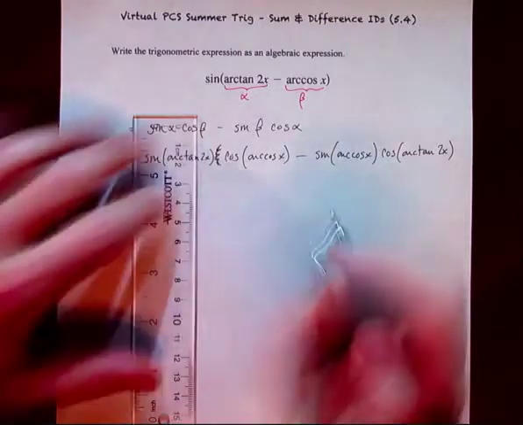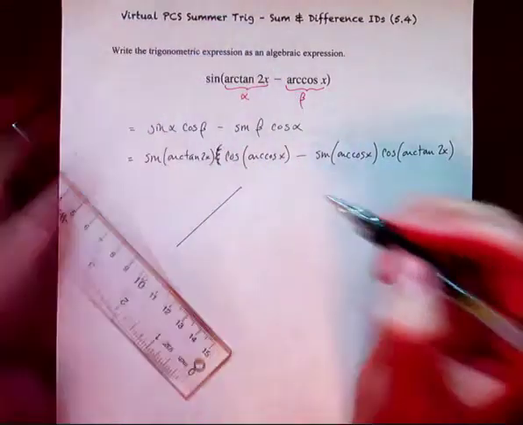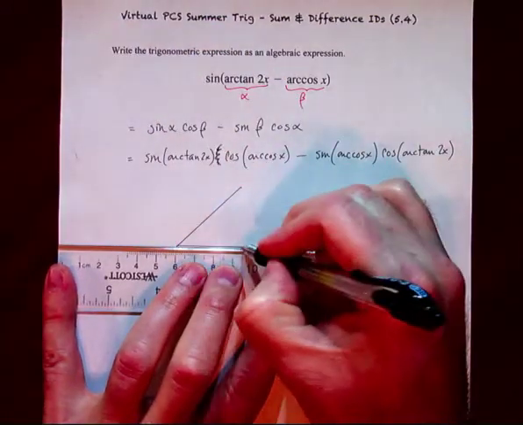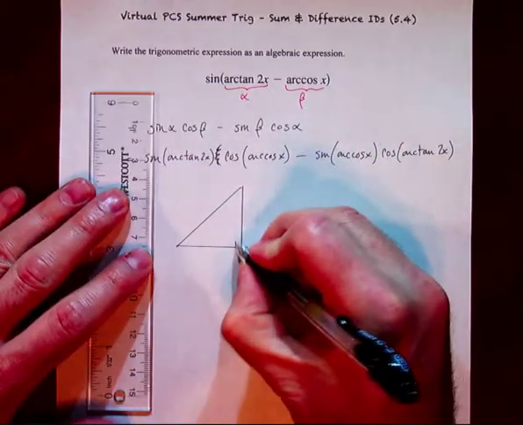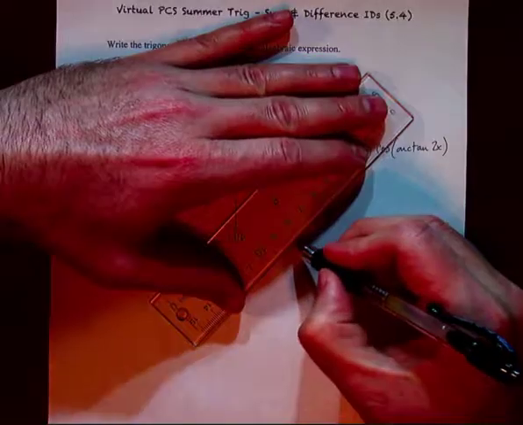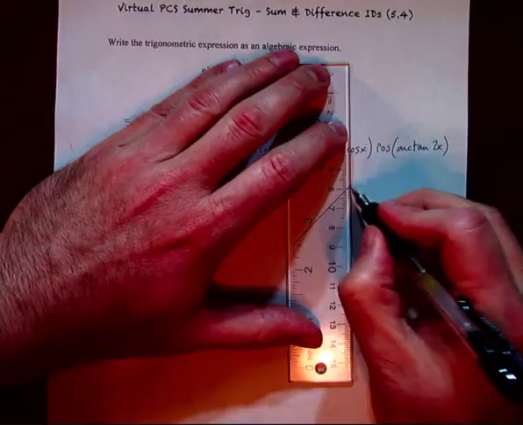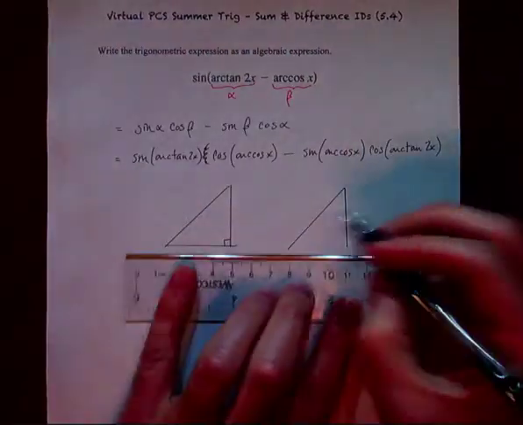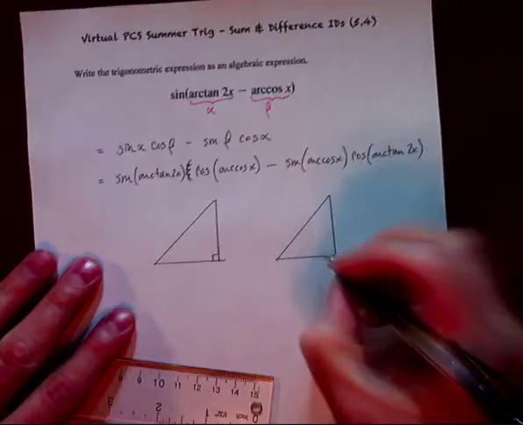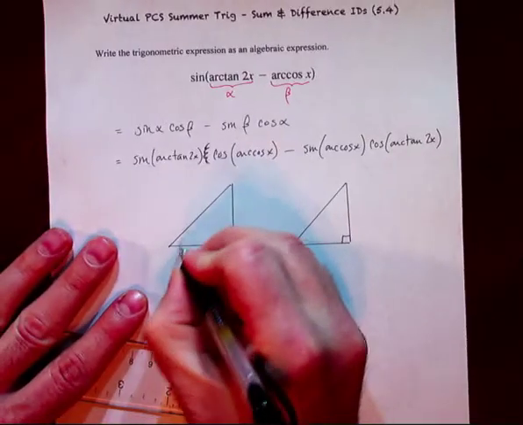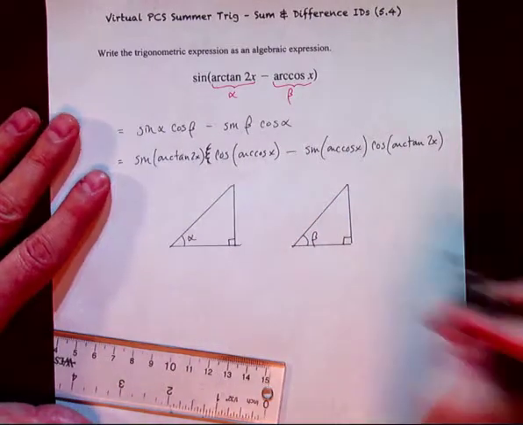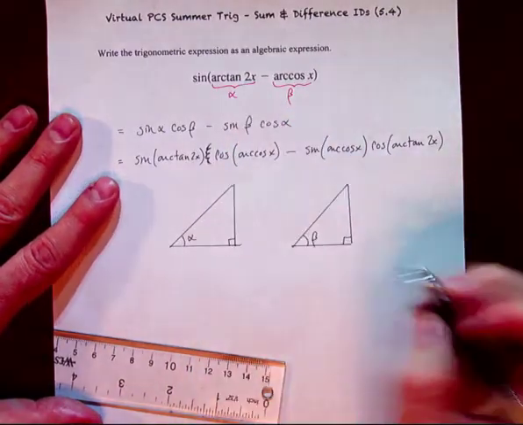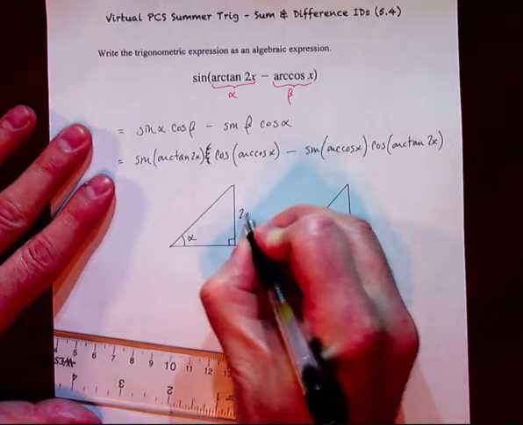Well, alpha and beta, we simply need to construct two different triangles to represent them. They don't have to be to scale. It may actually be helpful to label them alpha and beta so that you don't get mixed up which one you're thinking about. Now, if alpha, arctan is 2x, then remember it's 2x over 1.